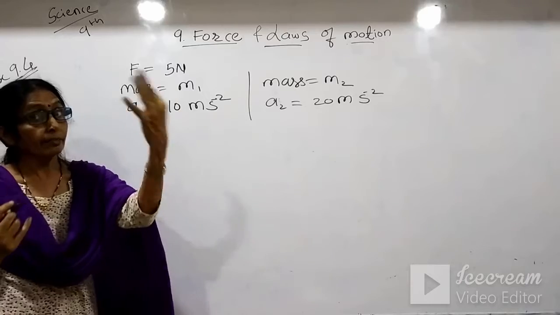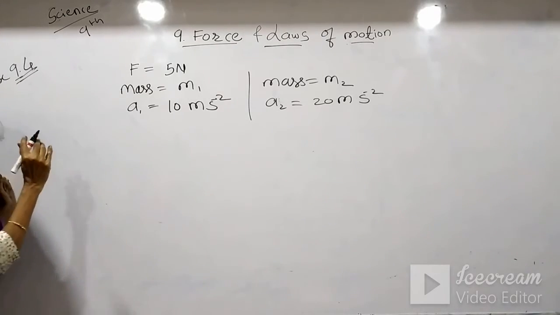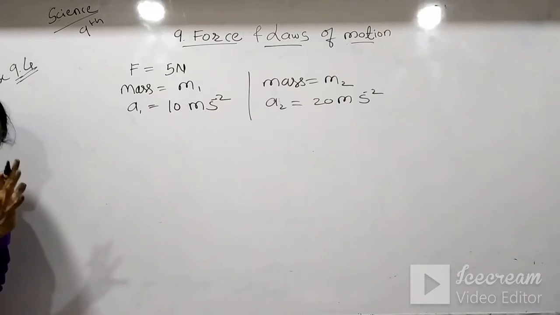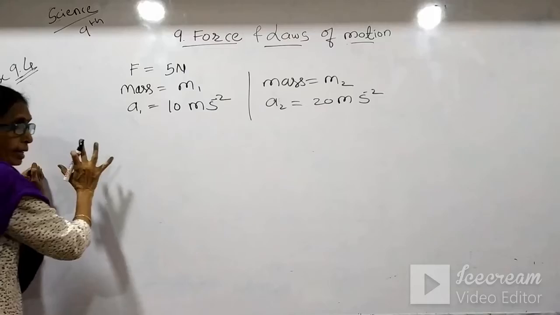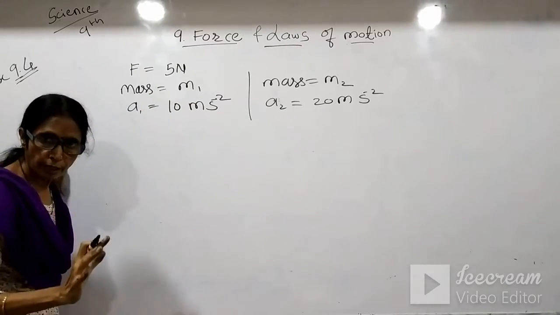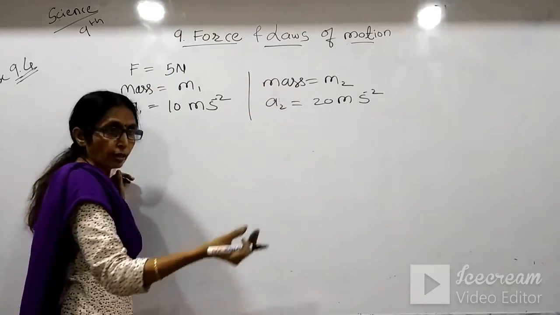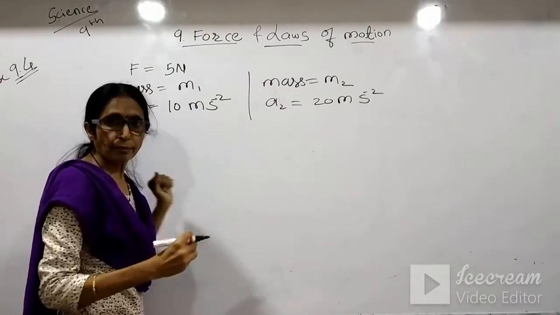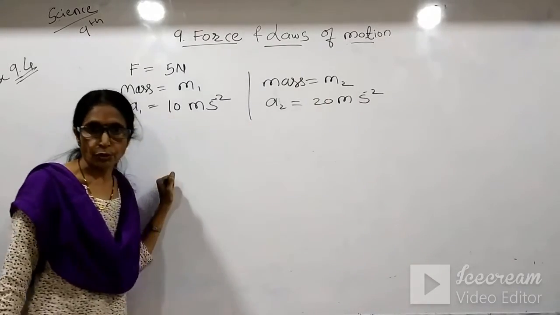We have to join both masses, and then find the acceleration. So we have to use the formula from the second law of motion, F is equal to ma, 3 times. First for this, so we will get m1. We will use it for this, so we will get m2. Then we will join m1 and m2. We will add them, and then we have to find the acceleration, students.